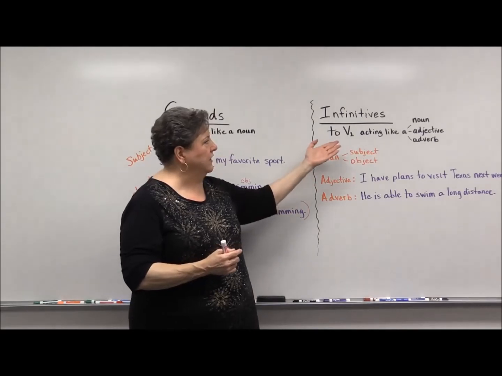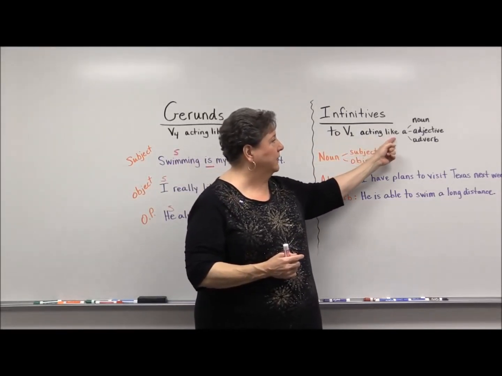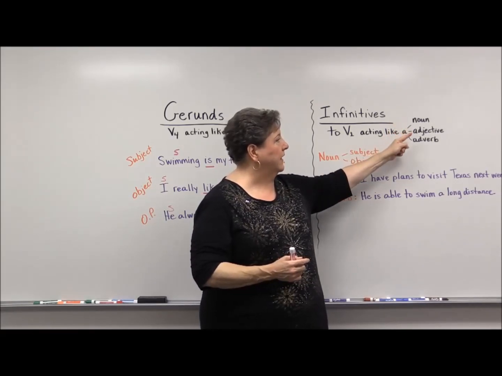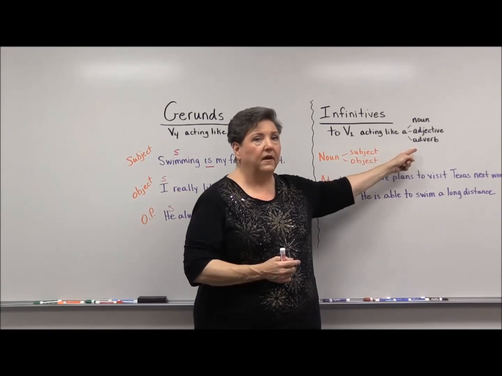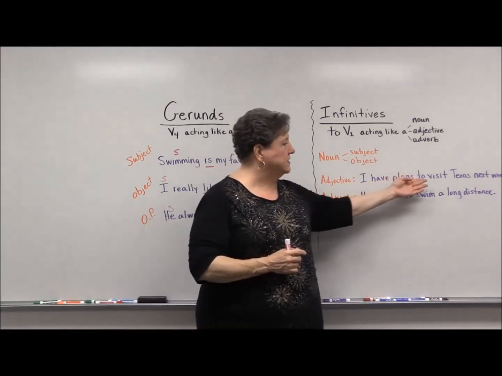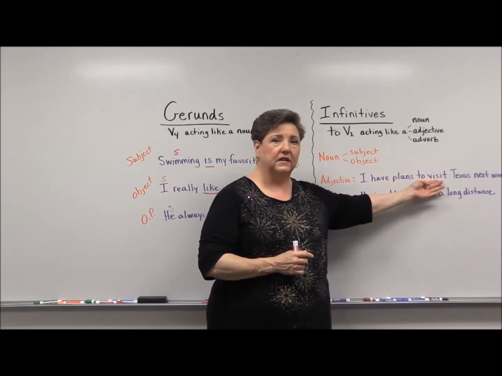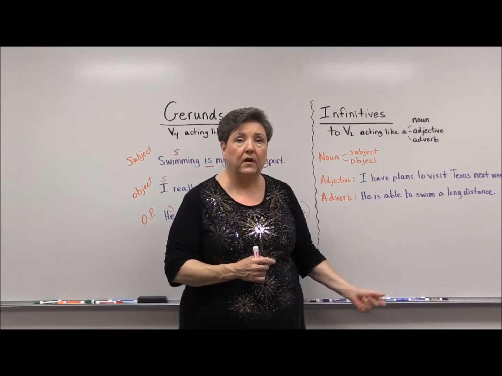So what can infinitives do? An infinitive can act like a noun, an adjective, or an adverb in a sentence. But this is what's confusing. When students see an infinitive in a sentence, they think it's part of the verb, or they think that's the verb.